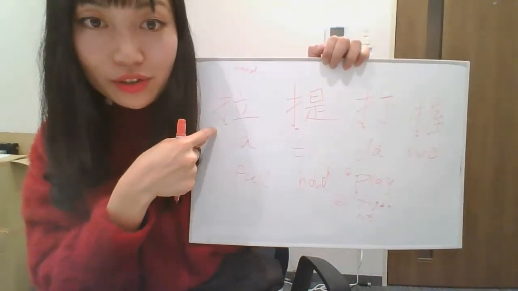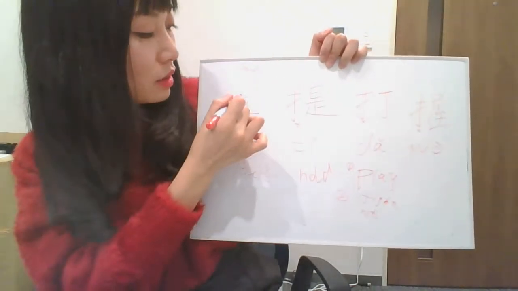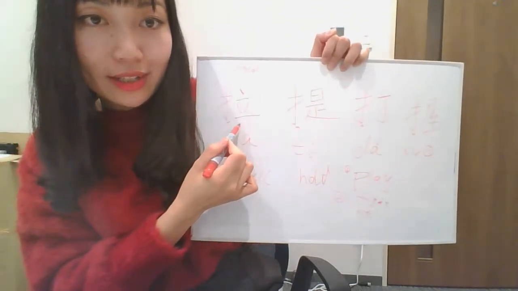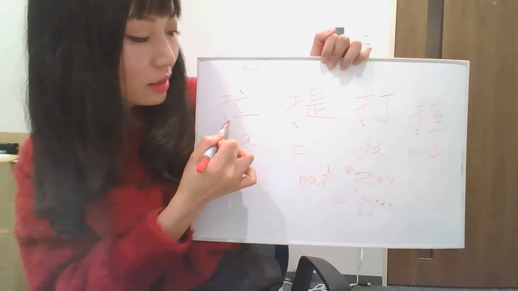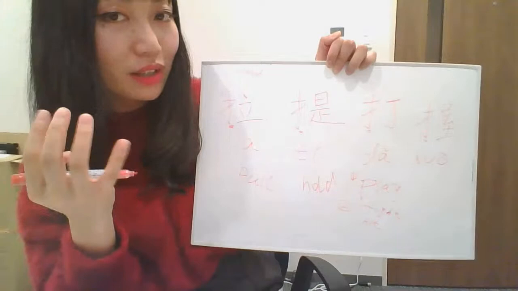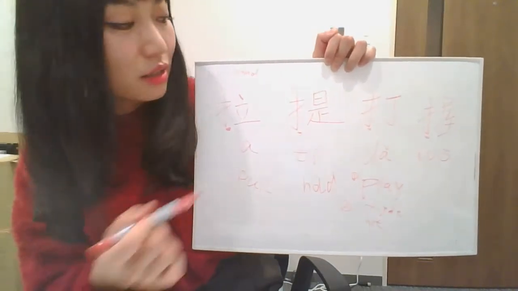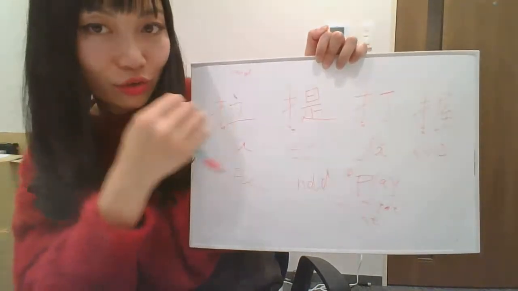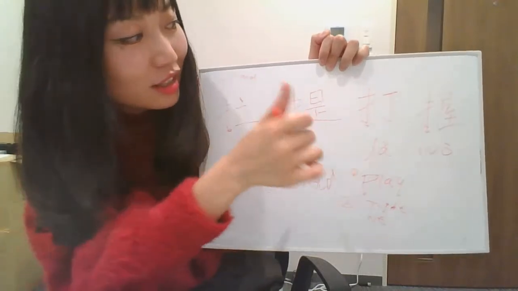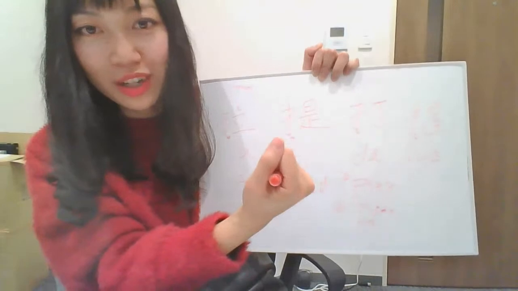So when you see a Chinese character with this left part, it's going to use your hands, basically, not 100%, but 70% at least. This is la, use your hand. This is ti, also use your hand. This is da, also use your hand. And this is wo, also use your hand.